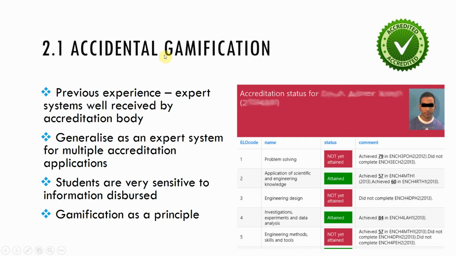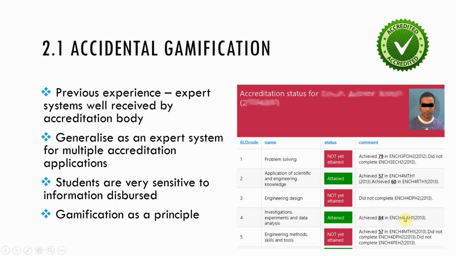Some other experiences we've had with the AutoScholar are from the area of accreditation tracking. So in engineering, for instance, we have the Engineering Council of South Africa that accredits our courses, and we can automate the accreditation process because the system links directly to the records database.